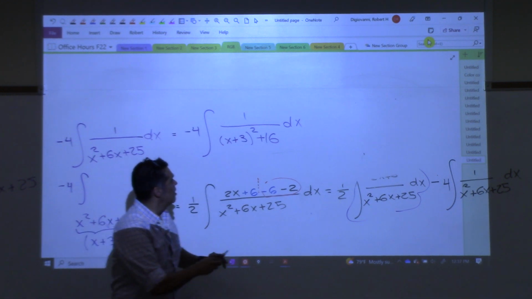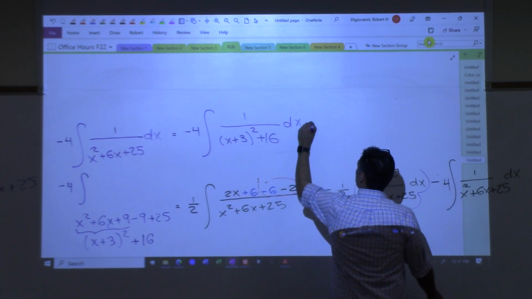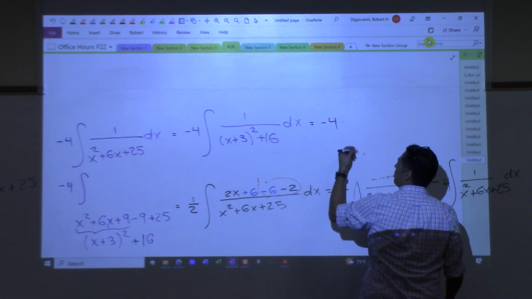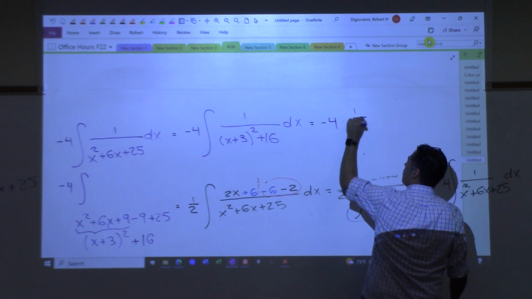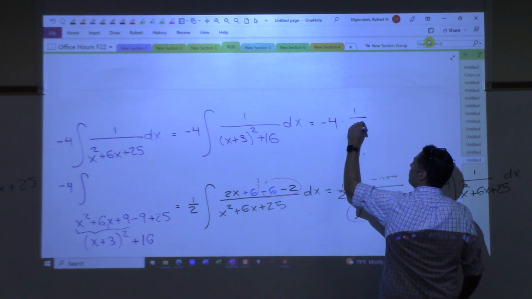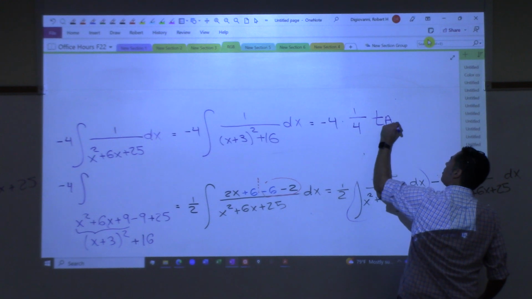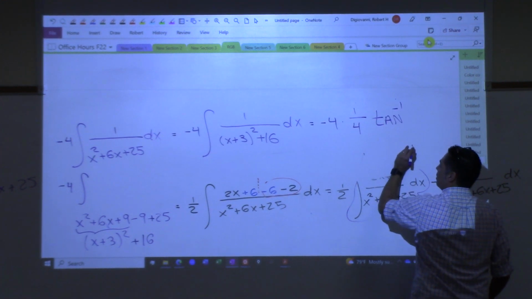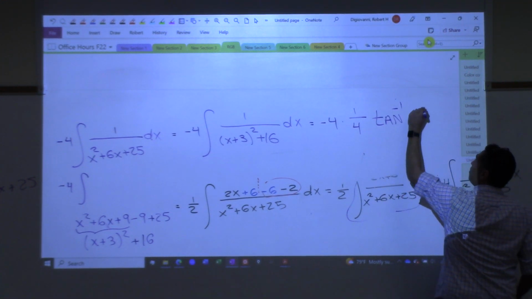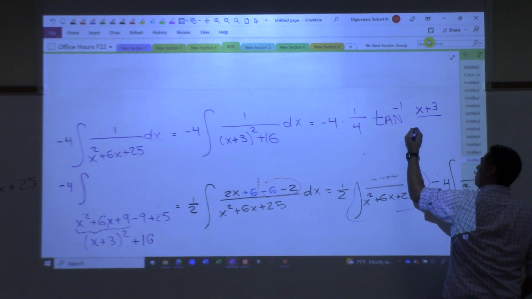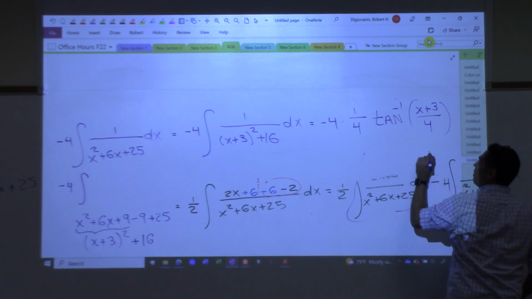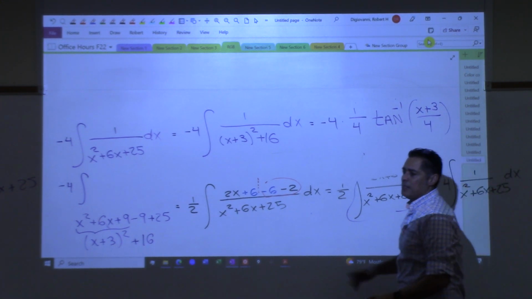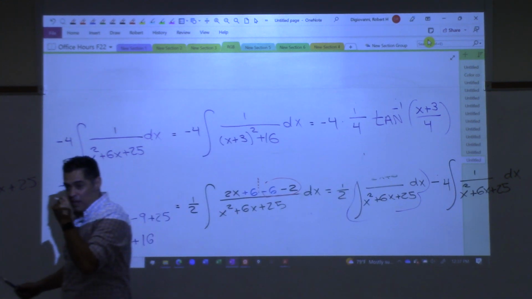That's linear, so we should just go straight to it. We get -4 times, okay, formula 17 says 1 over A, for us here A is 4, times inverse tangent of x plus 3 over A, or 4. There we go. And then plus C. Tack that on to the rest of our answer, and we're done.